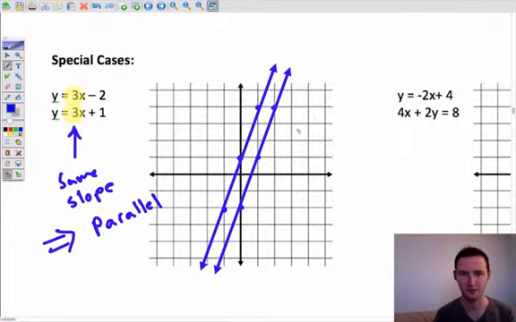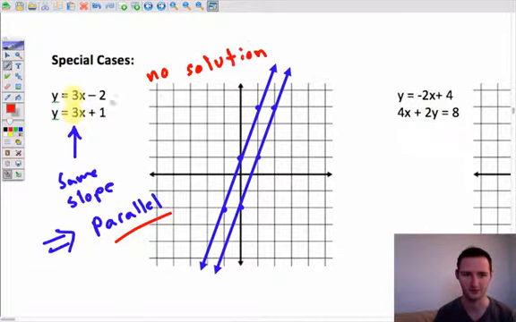And if two lines are parallel, you know they're never ever going to cross. If these never cross, they don't have a shared point, they don't have an intersection ever. Because they're parallel, these two do not have a solution. There's no solution to this system of equations.